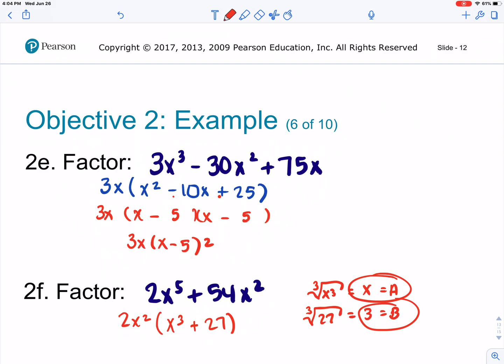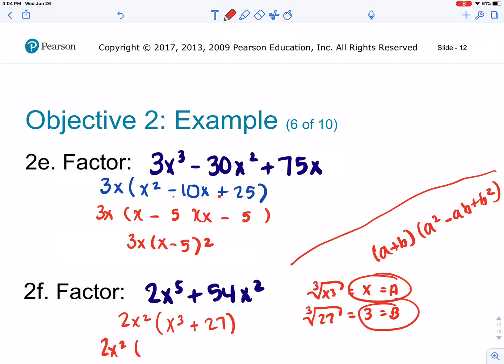I got a plus, so I got to use the sum of 2 cubes. I'm kind of running out of room here, so I'm going to do a plus b, and then a squared minus ab plus b squared. Okay, so this is all that one. So, bring my 2x squared out. A plus b, so I'm going to write x plus 3.